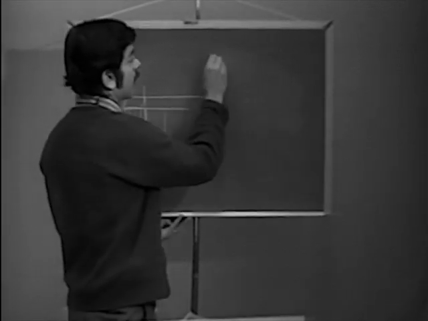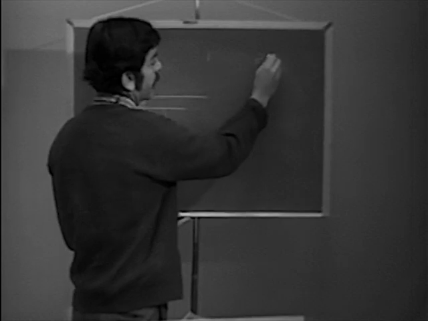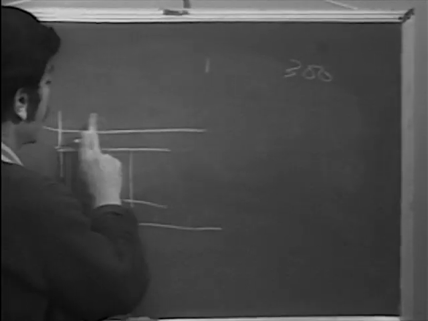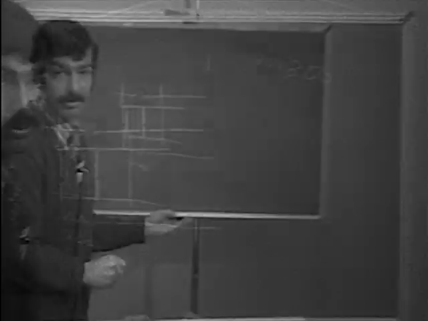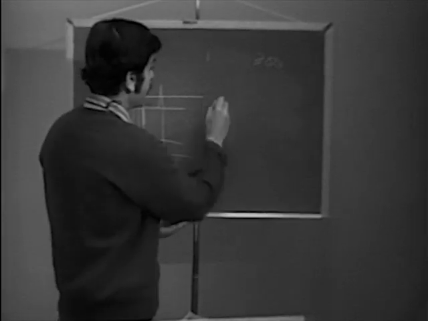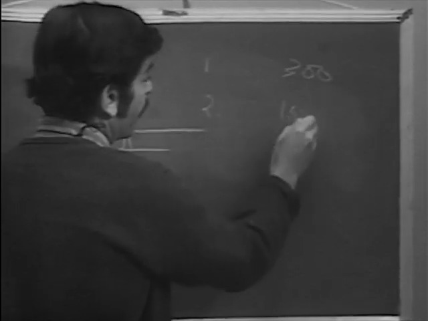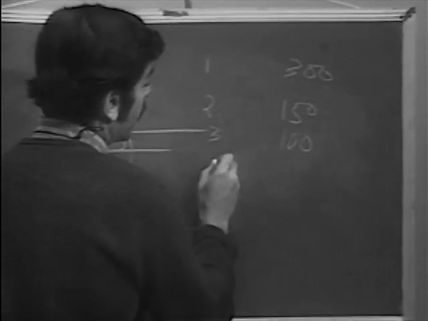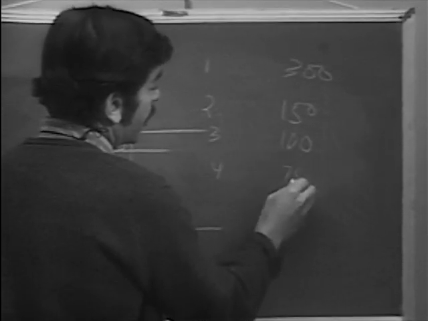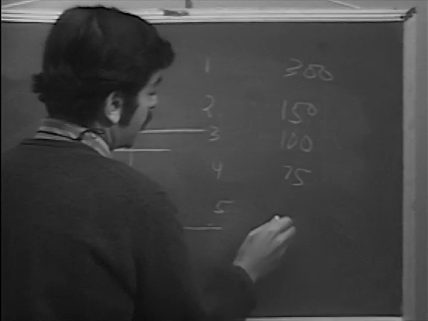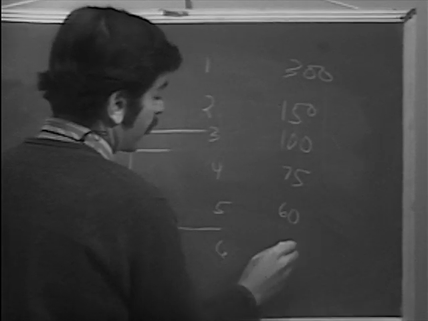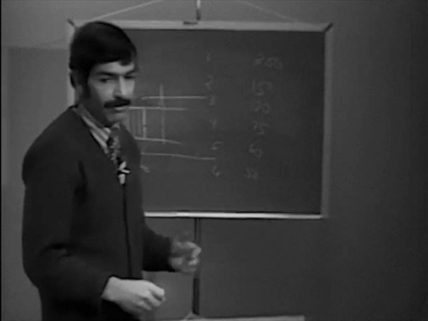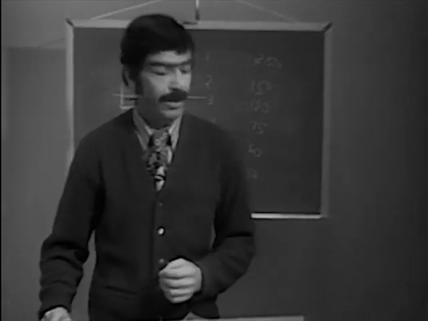That heart rate then would be 300. If you had a beat occurring every 2 divisions, then the heart rate would be 150. Every 3 would be 100. Every 4, 75. Every 5, 60. And every 6, 50. So this is a rough guideline then for assessing the heart rate.